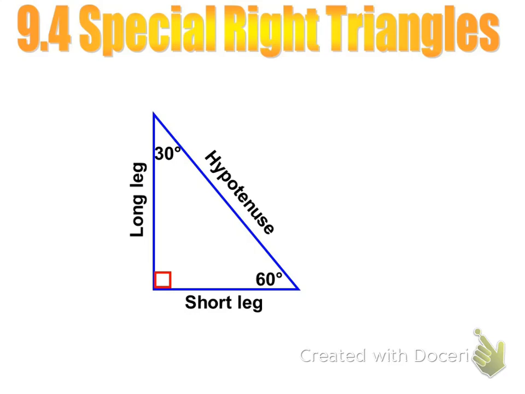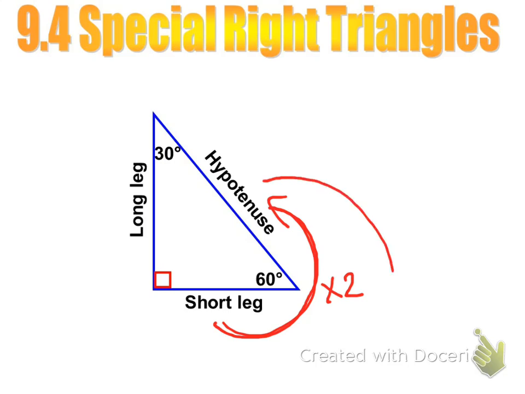What we've just learned is that the hypotenuse would always be twice as long as the short leg. So we can move back and forth between the short leg and the hypotenuse by multiplying and dividing by 2. If we know the short leg, to get around to the hypotenuse, we would multiply by 2. To go backwards from the hypotenuse around to the short leg, we would divide by 2.